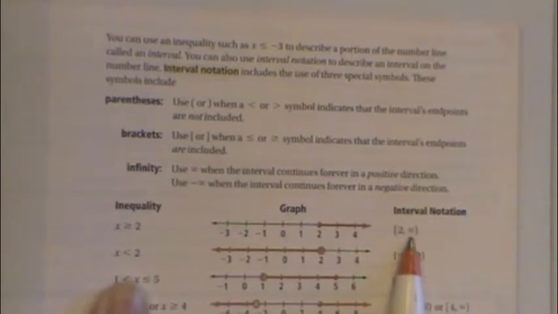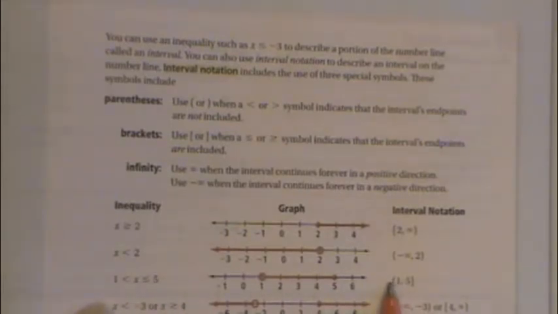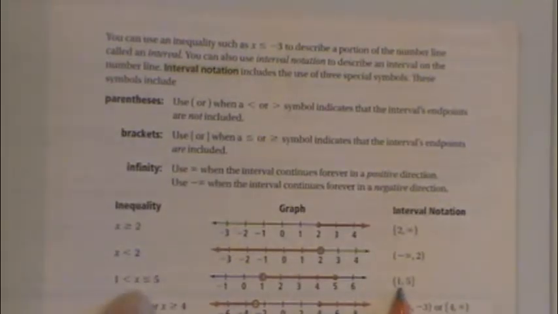Notice that in both of these examples we start from the small number on the left and move to the big number on the right. Same thing here, small number on the left, big number on the right. Take a look at this one. 1 is less than x is less than or equal to 5. So we need a parenthesis on this side because 1 is not included. The smaller number 1, comma, 5, and a bracket because 5 is included.